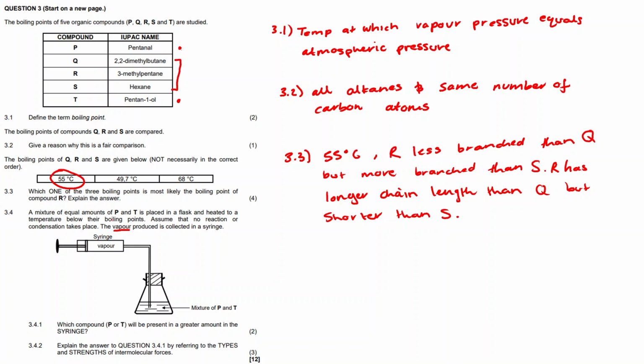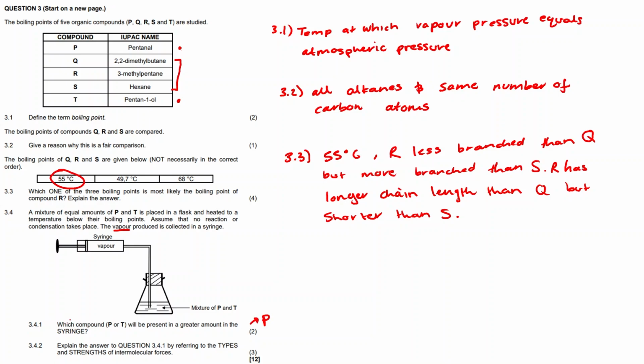Since we have a temperature that is below their boiling points, we want the one that has the lowest boiling point, as that's the one that's most likely to produce the most vapor. And between pentanal and pentan-1-ol, pentanal has weaker intermolecular forces. Therefore, it has a lower boiling point. So compound P will be present in a greater amount in the syringe.